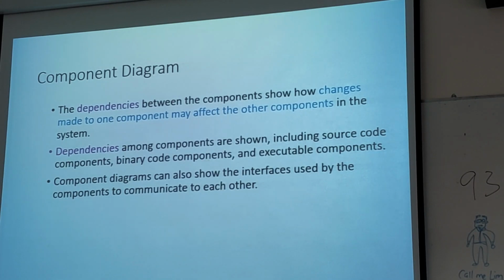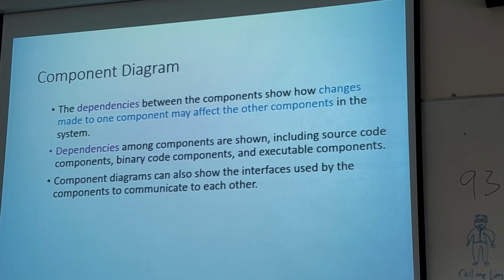The dependency shows how components depend on each other, or how changes made in one component may affect other components in the system. Dependencies among components shown include source code components, binary code components, and executable components.